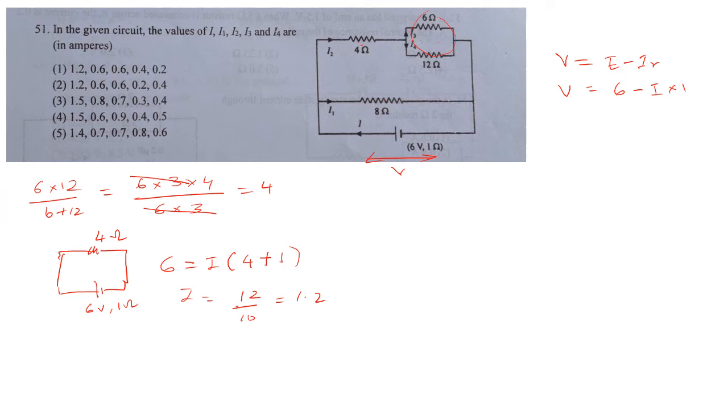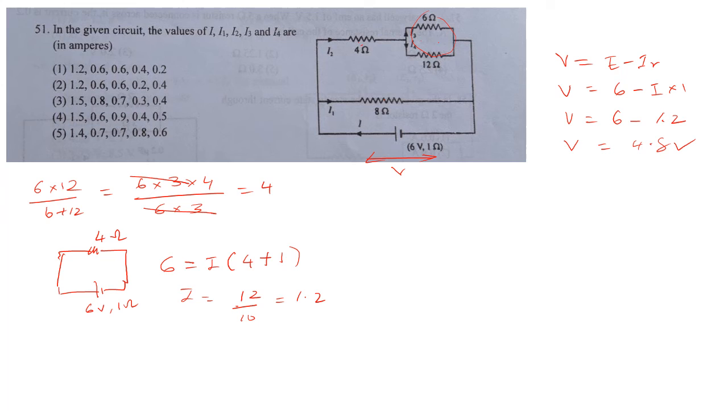Next we can find I1 quickly, because now we know the potential here, V equals 6 minus I, which is 1.2, so that is 6 minus 1.2, 4.8 volt. So we can use V equals IR for this 8 ohm resistor.